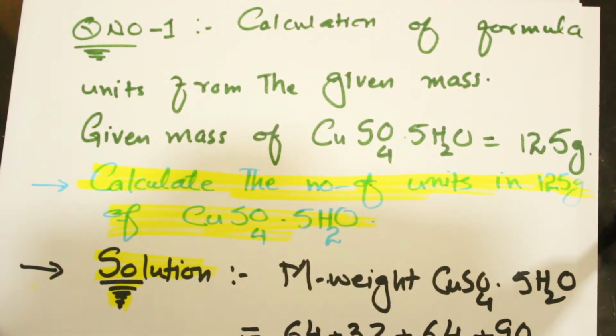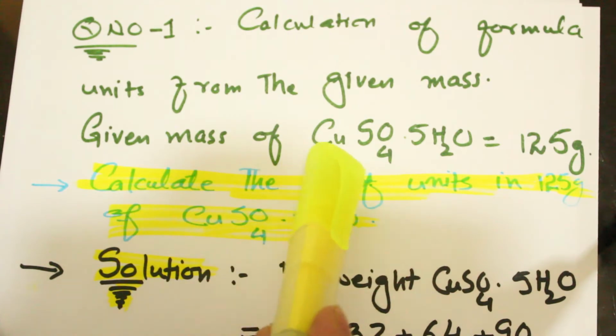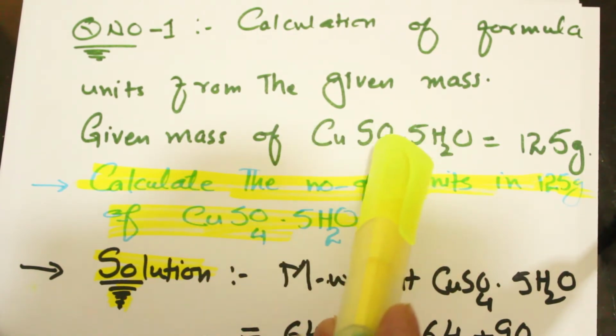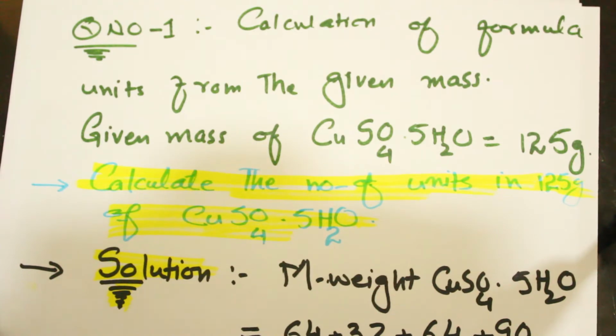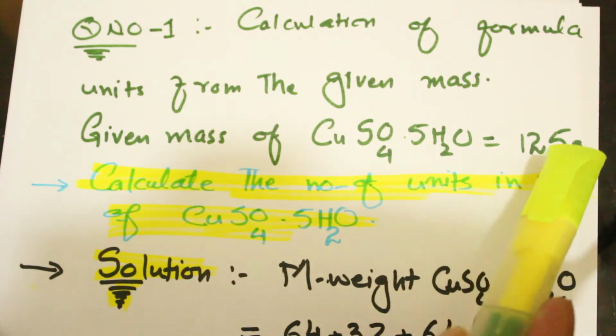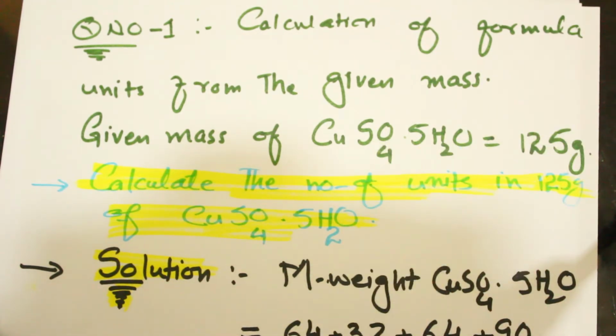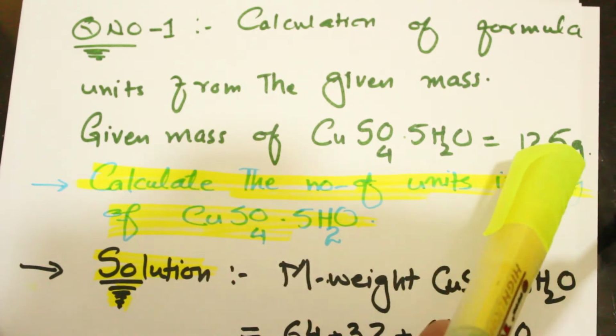In order to solve this question, first of all we need to find the molecular weight of this hydrated copper sulfate, and then we will use that molecular mass in a conversion factor to find the number of formula units in this given mass of the substance.